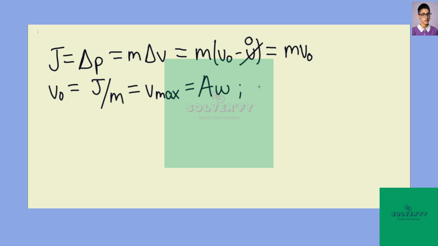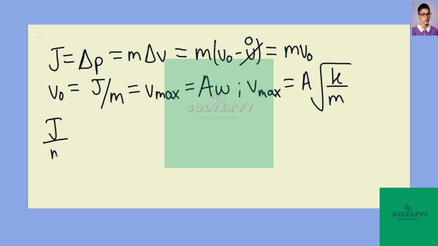Therefore, we can say that v max is going to be equal to the amplitude times the square root of the spring constant divided by m, the mass. So we can then say J, the impulse, over mass will be equal to the amplitude times the square root of the spring constant divided by the mass.